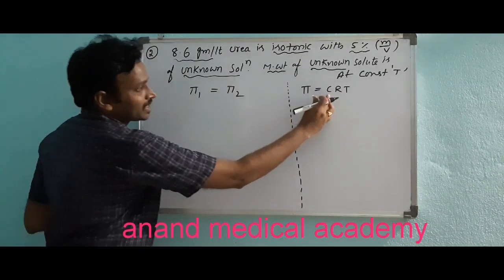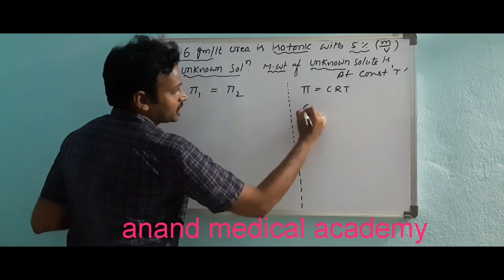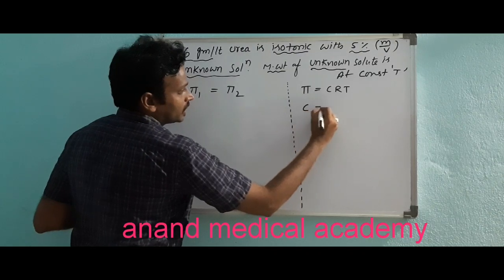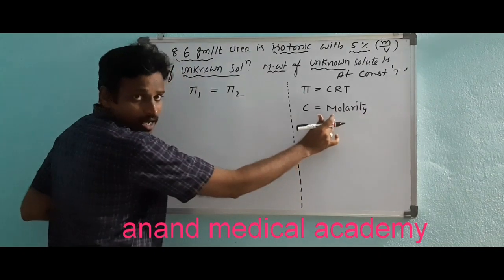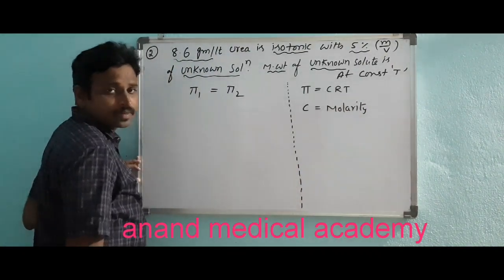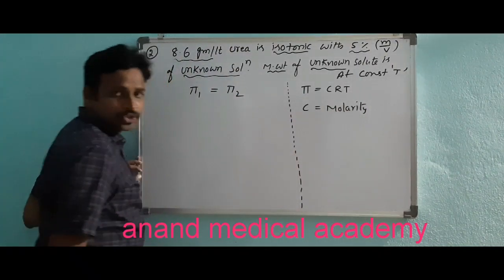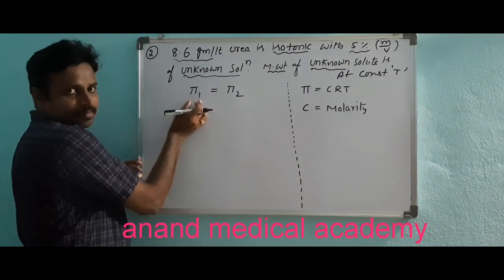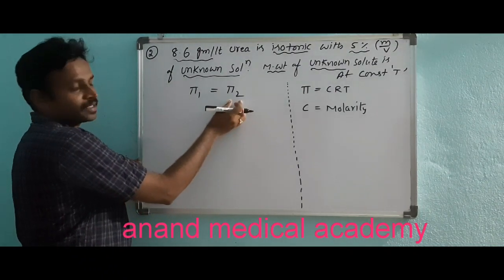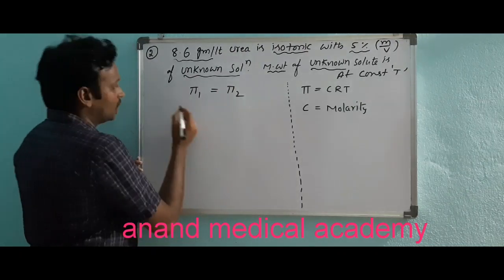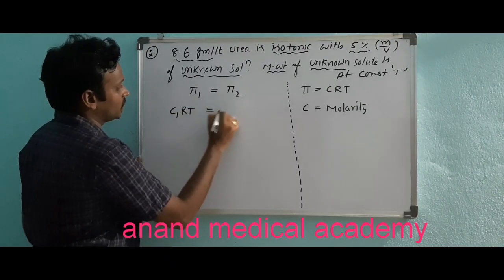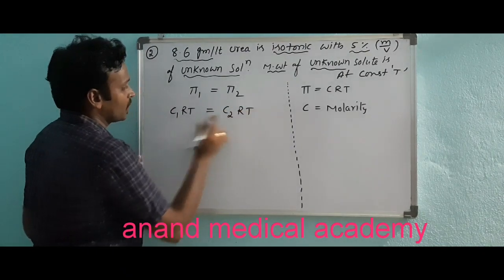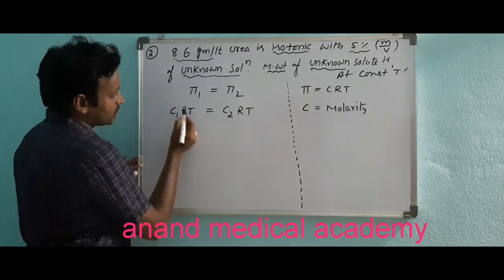C is concentration, suppose molarity. Suppose urea molarity and unknown solution molarity. So pi 1 I am considering for urea and pi 2 for the unknown solution. So C1RT is equal to C2RT, because temperature is constant.